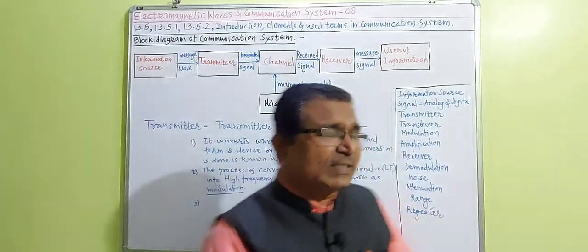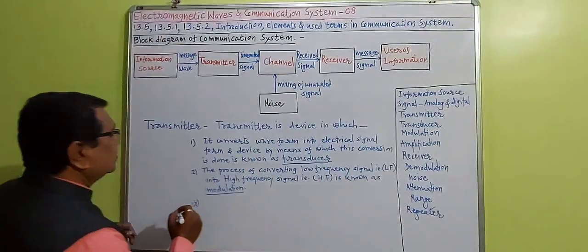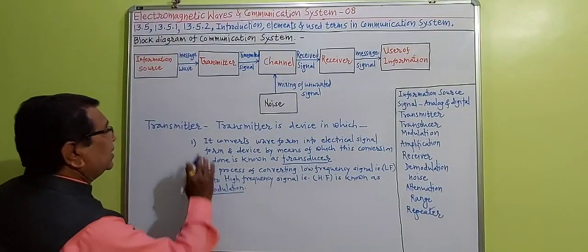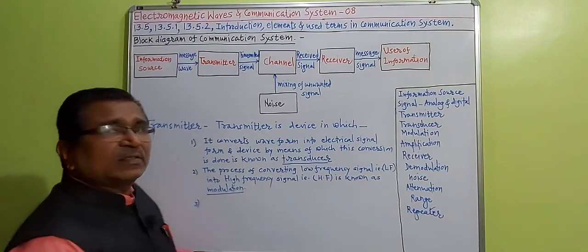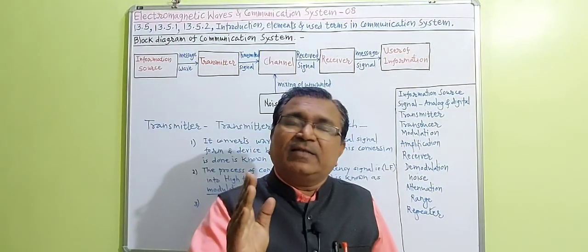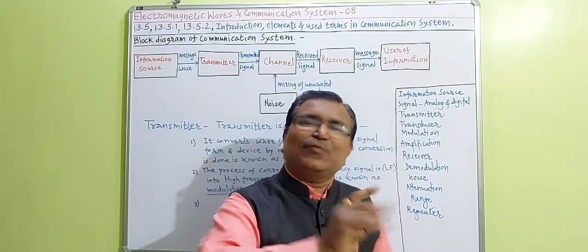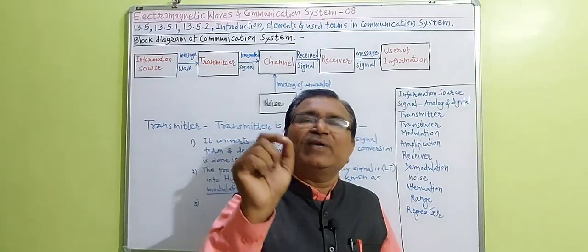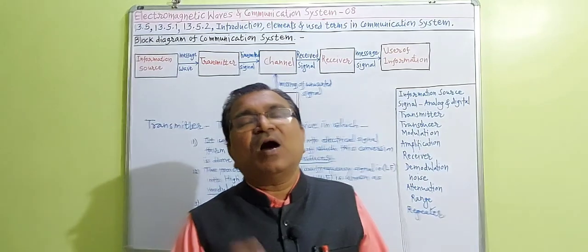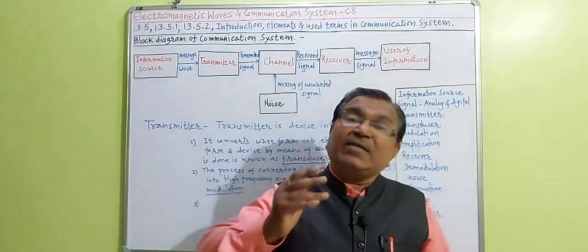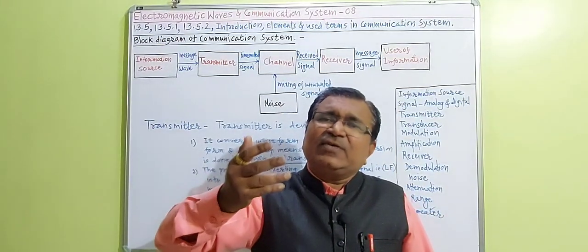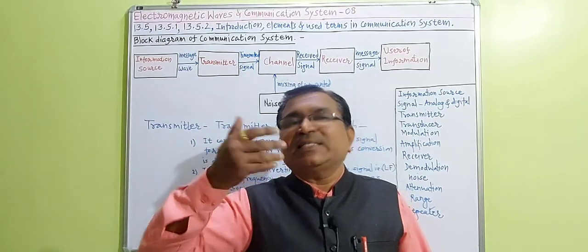And the third process is what happens. Third, in the transmitter, LL signal is converted into HL signal. What is LL? Low level signal to high level signal. That means the intensity of the signal is to be increased.